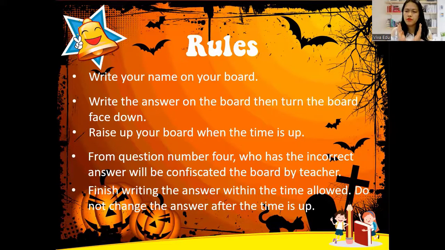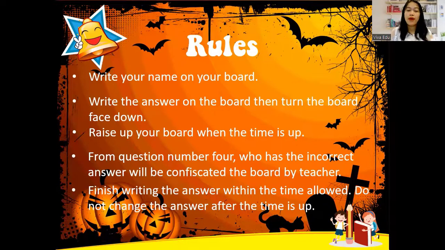You have to make sure the students cannot copy the answer from others, and the others do not copy their answer. You have to make sure of that with the students, okay?